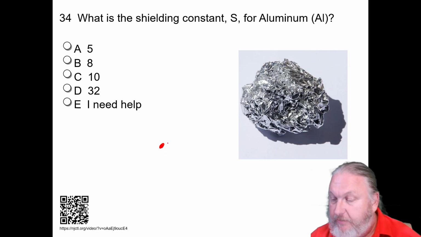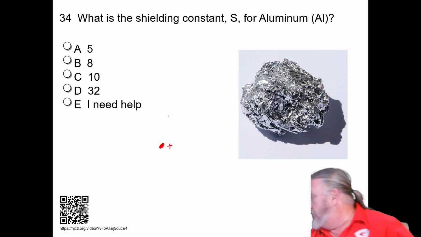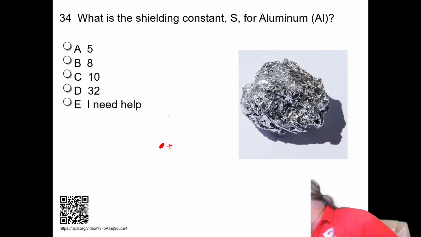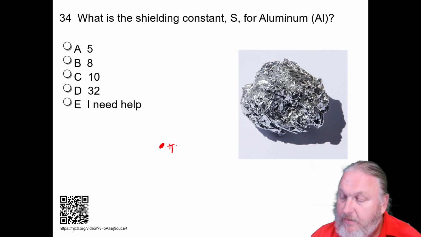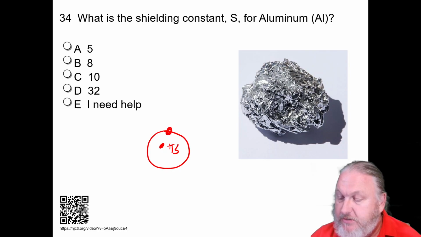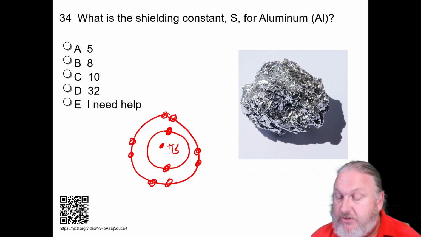So that would be plus 13 protons. It's got 2 electrons in the 1s orbital. It's got 2 in the 2s orbital, and then 6 in the 2p orbitals. So that's a total of 10.